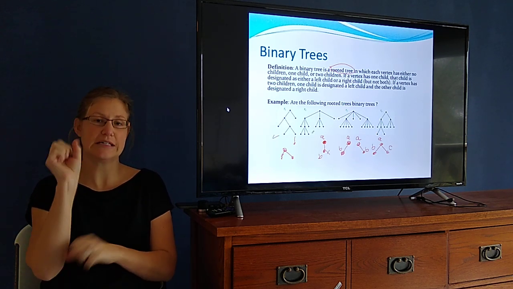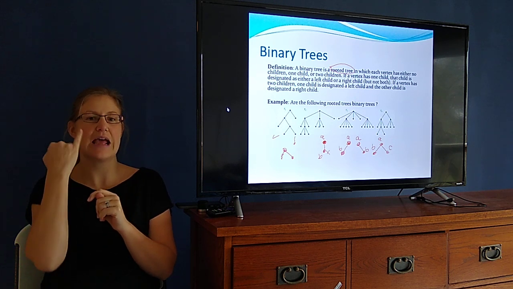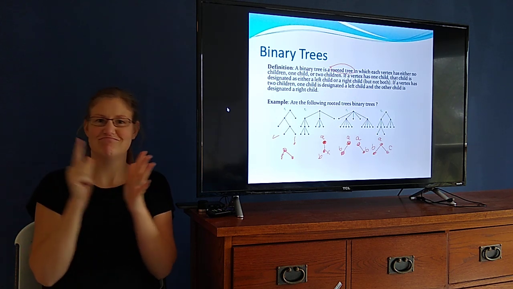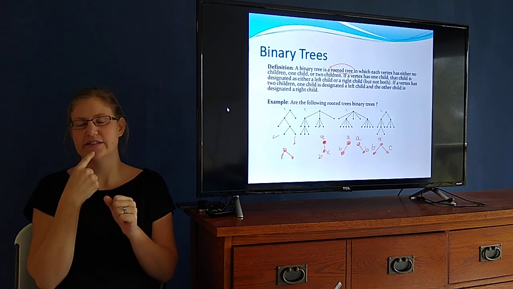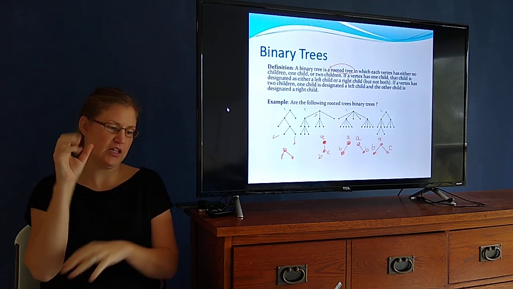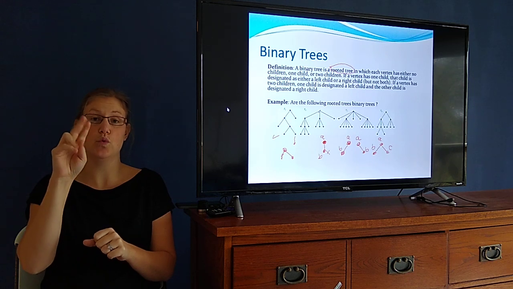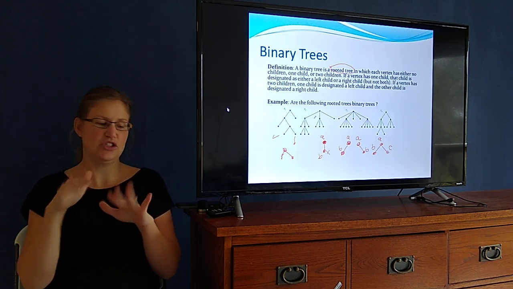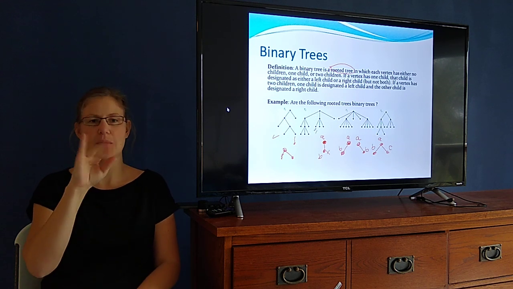How about the second one? If you find at least one node that violates the condition, you can say this is not a binary tree. As you can see, the root node has 3 children, so this is not a binary tree.